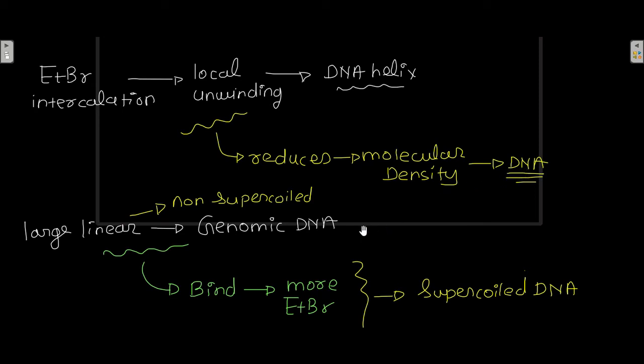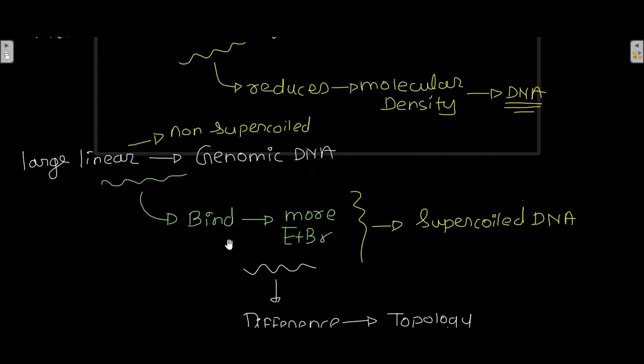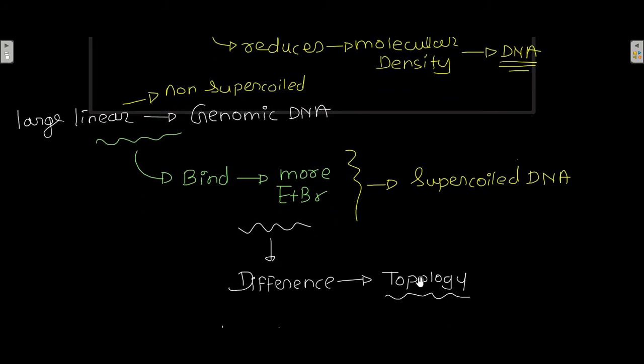Now the thing is that the large linear non-supercoiled genomic DNA binds more EtBr. To your bacterial DNA more EtBr binds, and to supercoiled DNA less EtBr binds. You put EtBr in the solution. In solution you have both plasmid DNA and bacterial DNA, but EtBr will bind more to the bacterial DNA and less to the plasmid DNA, and because of this there will be a difference in the topology.